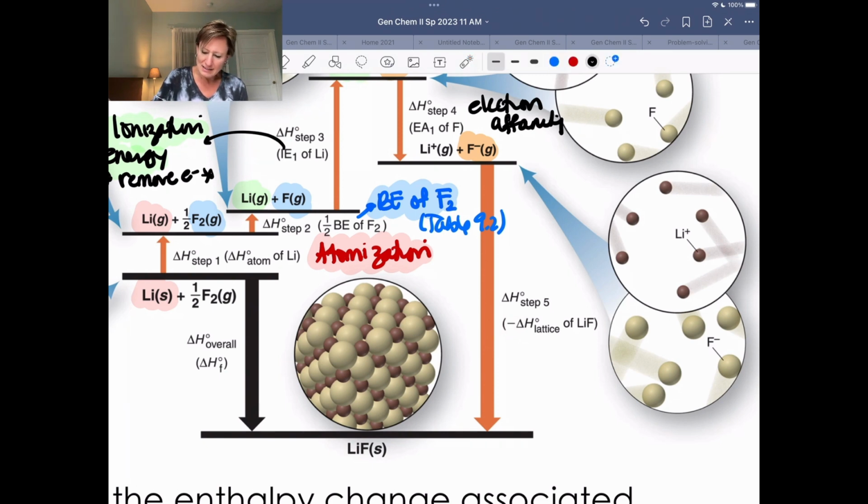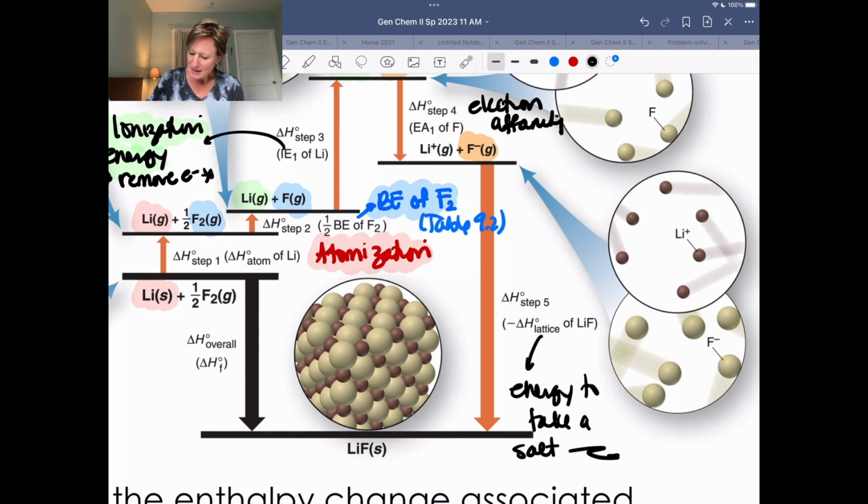We define lattice energy as the energy to take a salt and make it into gaseous ions. Again, not something we think about doing. You don't take table salt and put it in a pan on your stove and heat it and all of a sudden you've got sodium cations and fluoride anions floating around your kitchen, right? That doesn't happen, okay?